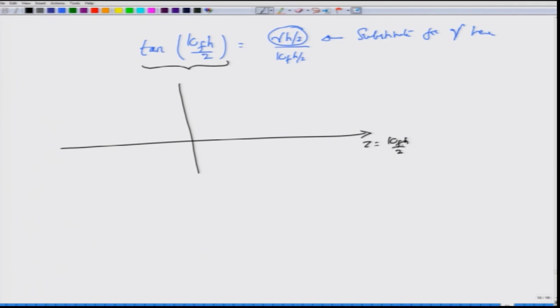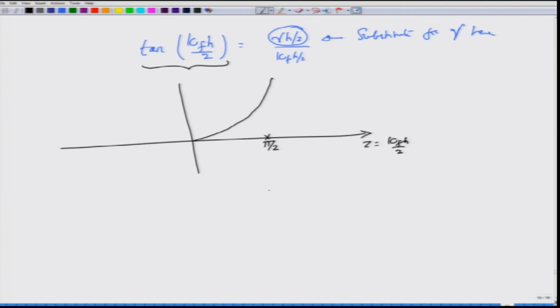Well, at z equal to 0, the tan function will be 0, but then it increases steadily and of course goes off to infinity at pi by 2. So, when kappa f h by 2 nears pi by 2, the tan function goes up asymptotically to infinity.